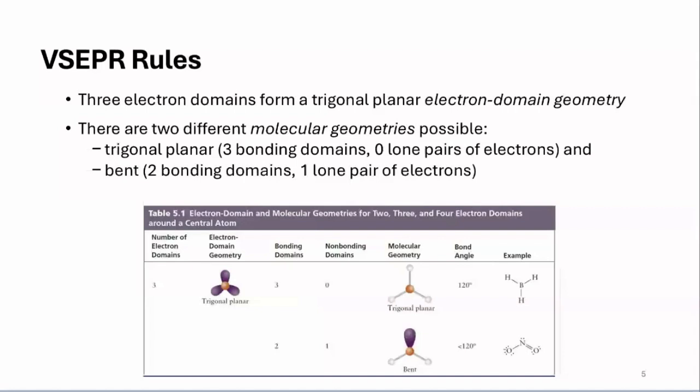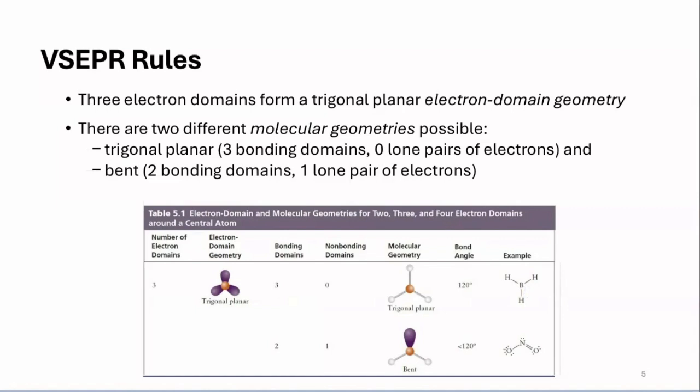A molecule that has three electron domains and no lone pairs around the central atom has a molecular geometry that is also called trigonal planar. The bond angle separating the atoms is 120 degrees.